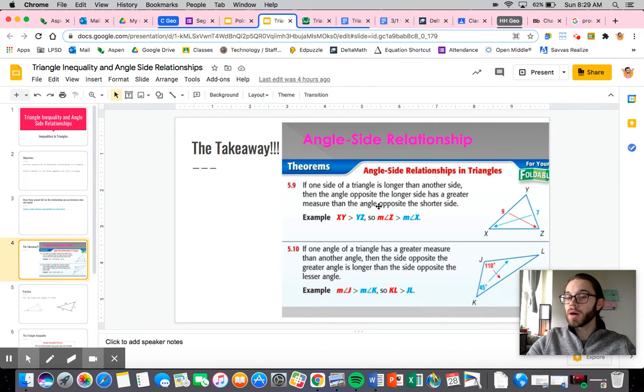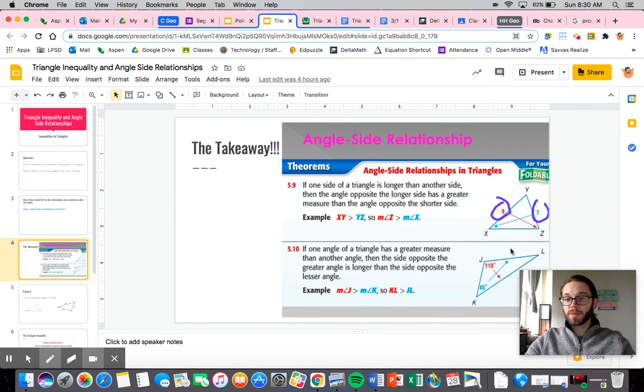So if we know that this side is bigger than this side, if we know XY, which is 9, is bigger than YZ, which is 7, we know that the angle opposite the 9, which is angle Z, is going to be bigger than the angle opposite the 7, which is X. So what can we do with this?